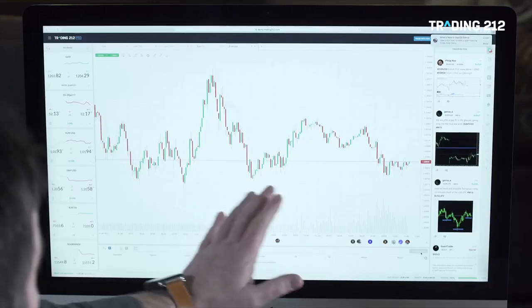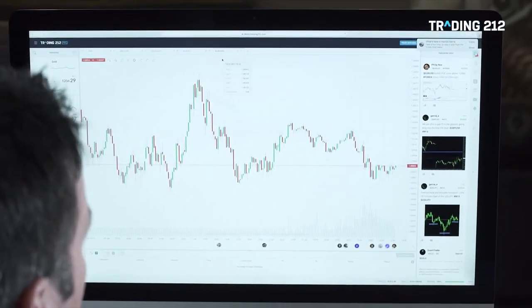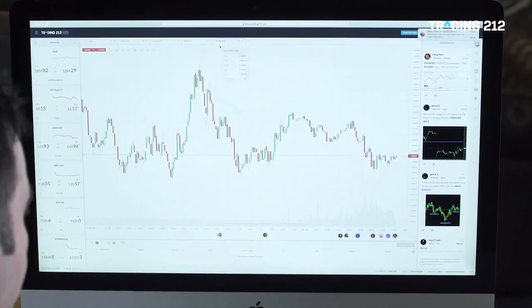Again, it's great to look at this stuff in theory, but let's have a look and actually place a trade in practice. So if we take a look at my screen here at the Trading 212 platform, the chart I've got up is the chart of the euro dollar exchange rate, the same one we were talking about when I was scribbling on the paper.